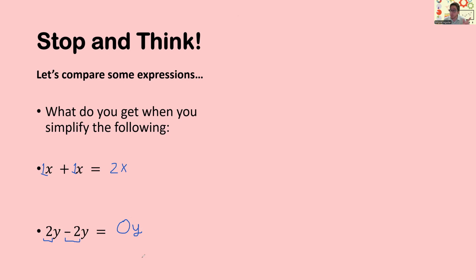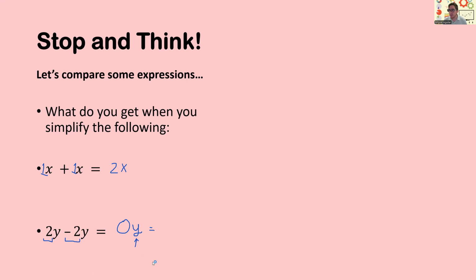However, in a previous slide, I said between this coefficient and this variable, there's an operation that's implied. Do you guys remember what that implied operation is? Multiplication, right? So what is 0 times anything? 0. So y is just a number.